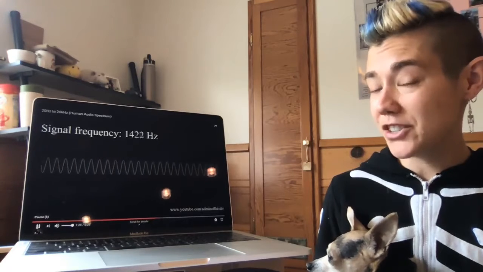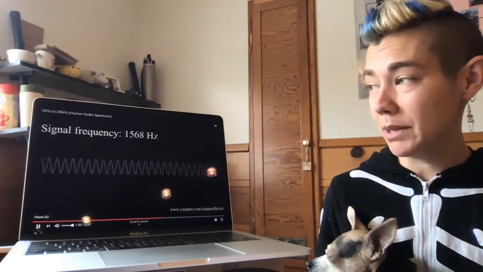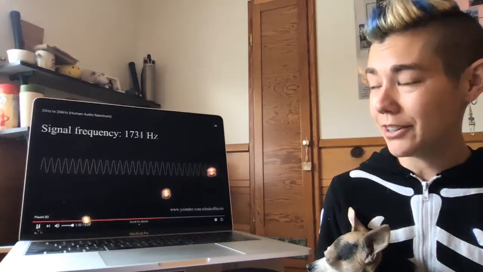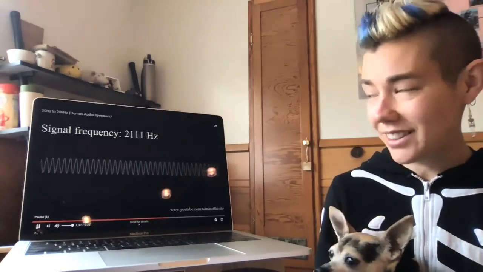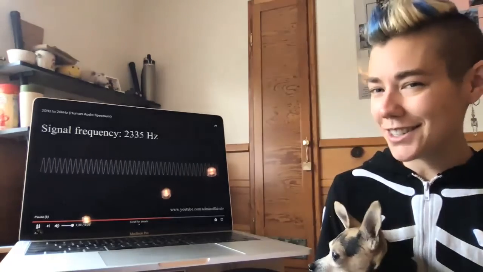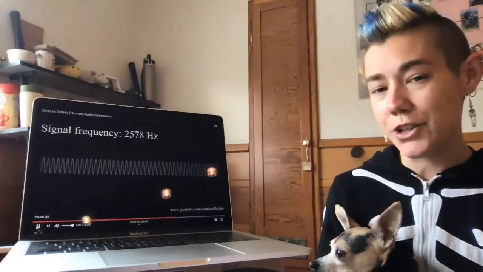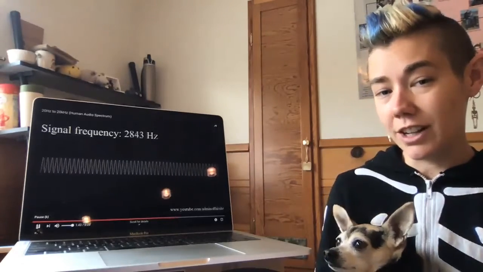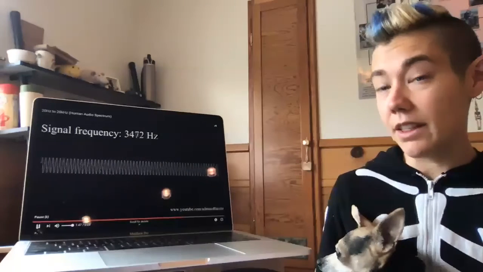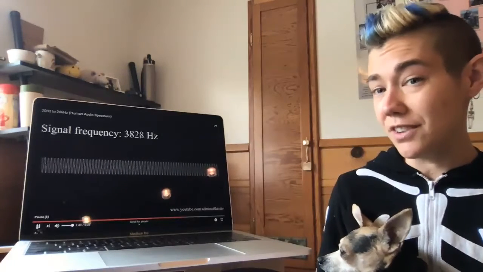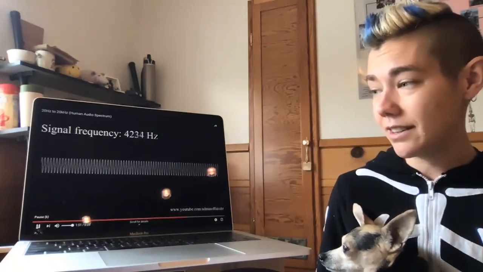Getting higher pitched sounds, those that are stimulating down toward the base of the cochlea, causing the basilar membrane to vibrate, causing those hair cells to bend, release neurotransmitters, and travel along the vestibulocochlear nerve. And we're getting up into thousands of hertz now, these very high frequency sounds.